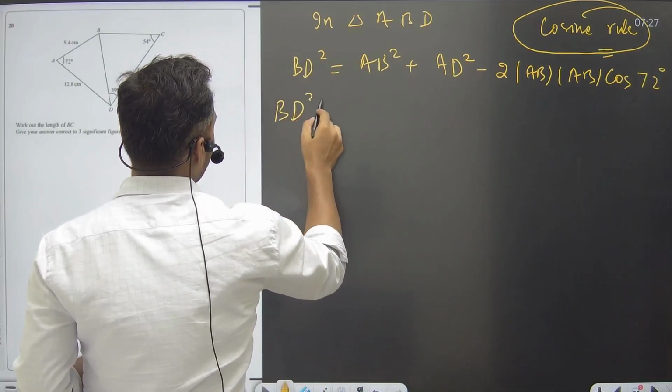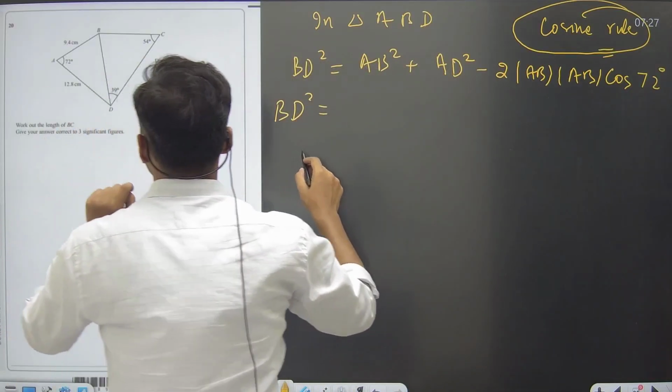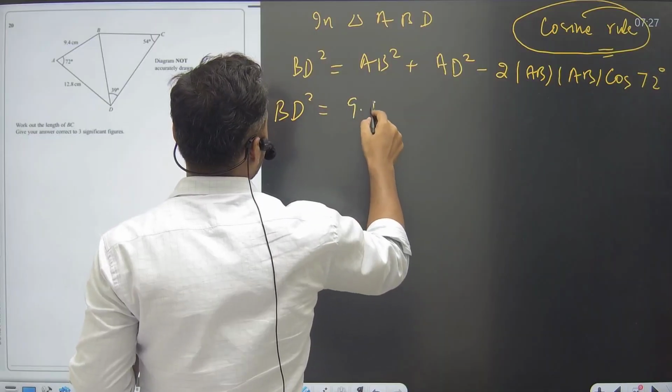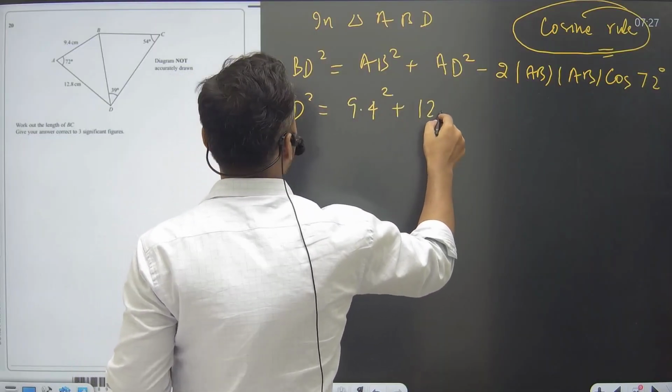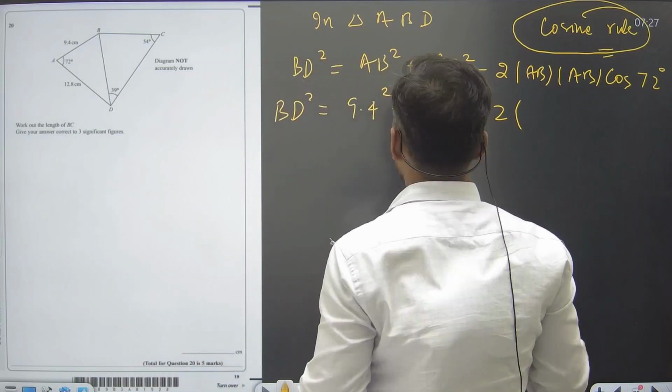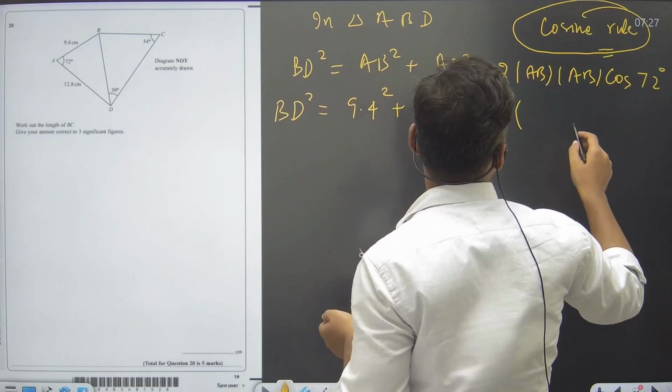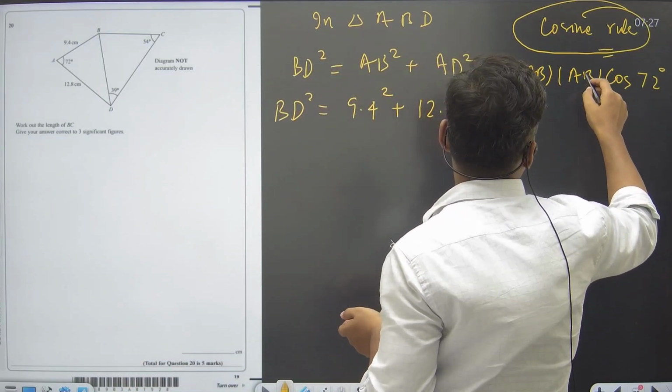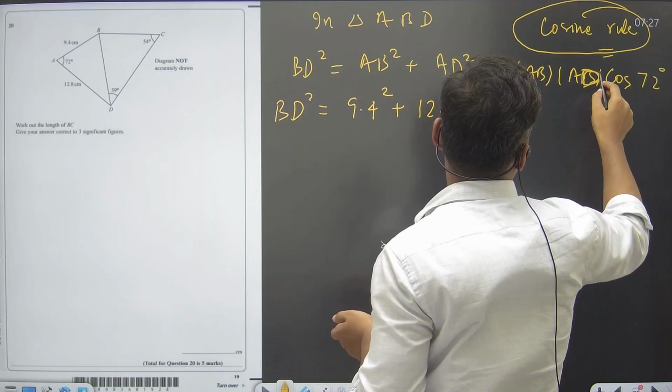So BD square will be equal to AB square, which is 9.4 square, plus 12.8 square, negative 2 AB into AD.